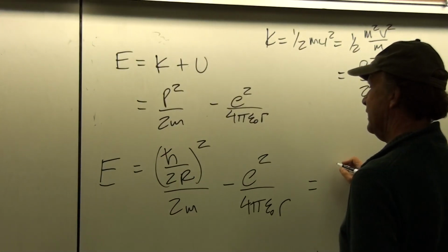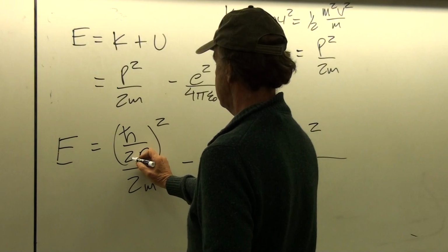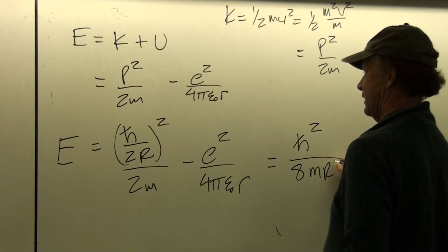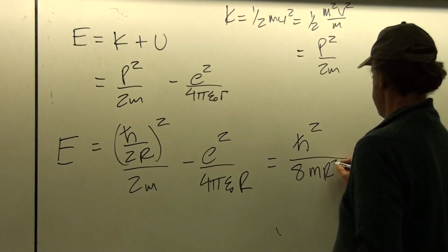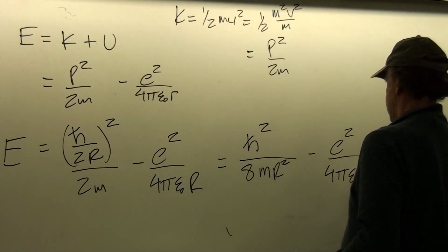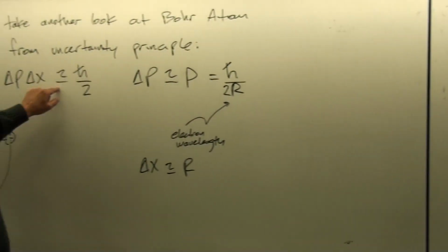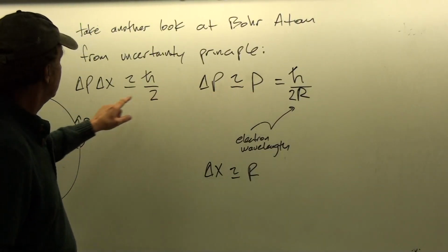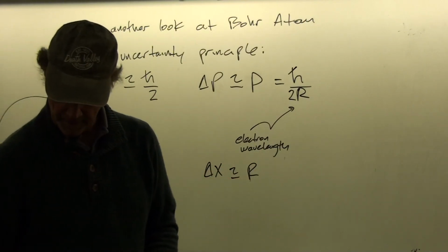Or we can rewrite this as h bar squared divided by, here's a 2, squared is 4 times 2 is 8, 8 m r squared, and this should be capital R here, minus e squared over 4 pi epsilon naught r. So this is an expression for the total energy that is consistent with the relationship between p and delta p, x and delta x, which is in this case r.